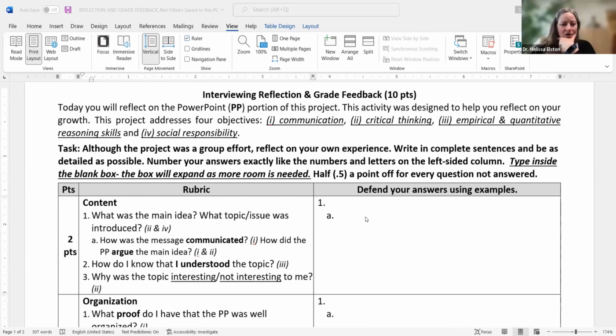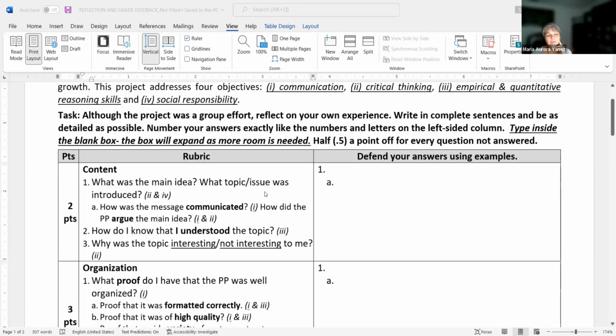Once they do their PowerPoint presentation, I ask them to reflect on their learning from when they did the interviews and when they did the PowerPoint. And here is where I have the four rubrics. Each Roman numeral represents one of those. So when I come down here, sometimes they overlap.